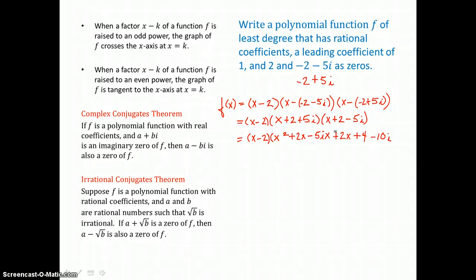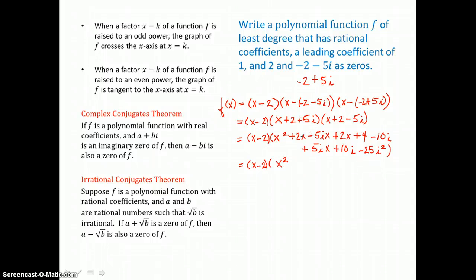And one more time, distribute 5i through that trinomial. 5i times x is 5ix. And 5i times 2 is 10i. 5i times negative 5i is negative 25i squared. Okay, now I need to add like terms. So I've got my x squared term.